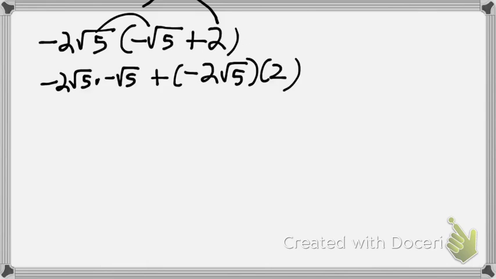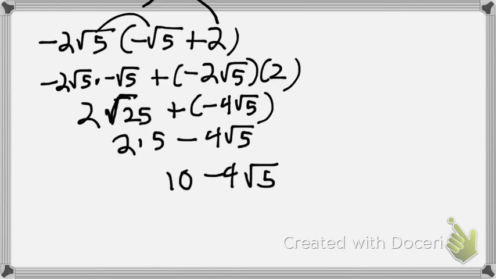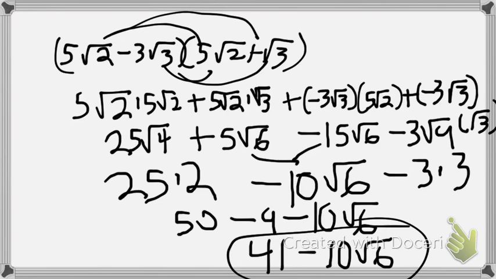We then do both sets of multiplication. So on the left-hand side, we have negative 2 radical 5 times the negative square root of 5. So you just multiply those through.